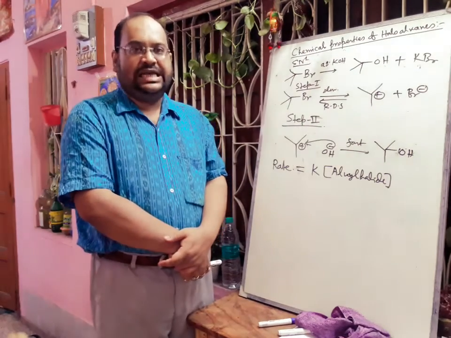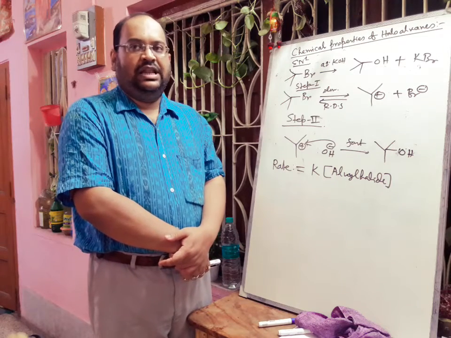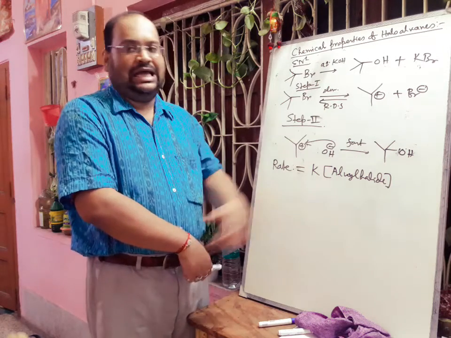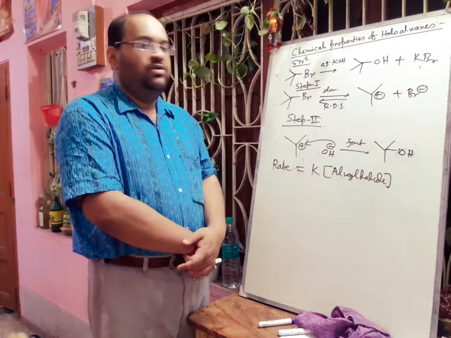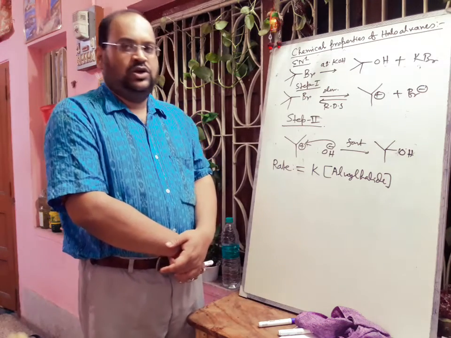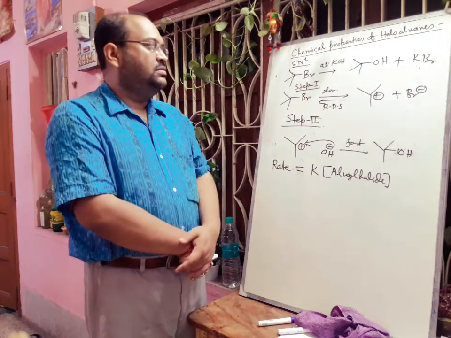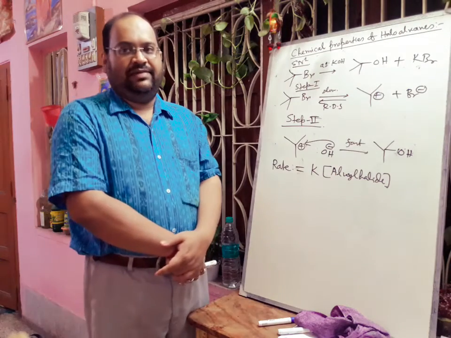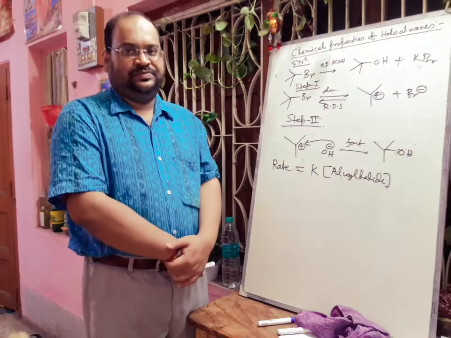As RDS involves only one molecule, alkyl halide, the reaction is called unimolecular substitution reaction or SN1. If the compound is optically active, then we will get a racemic mixture, that I will discuss later.